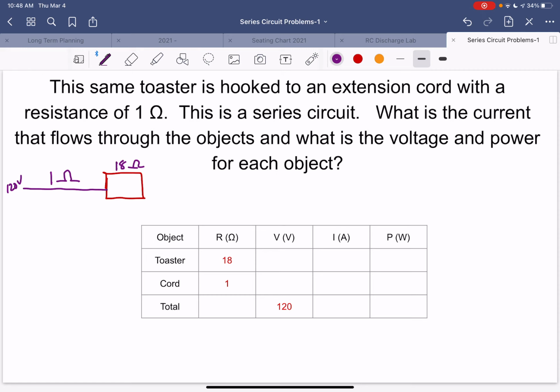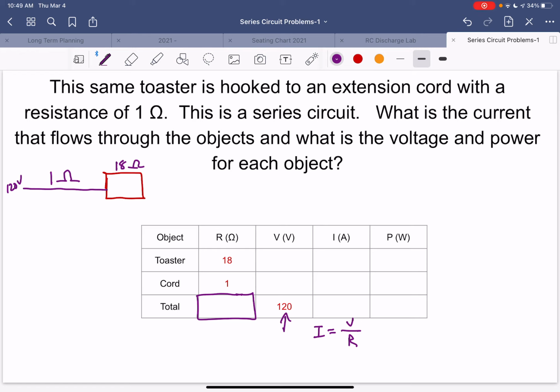So you'll notice the total voltage is 120. The resistance of the toaster is 18, and the cord is 1. Start by adding the two resistances together to get your total. Then find the current total by using the total volts and the total resistance.